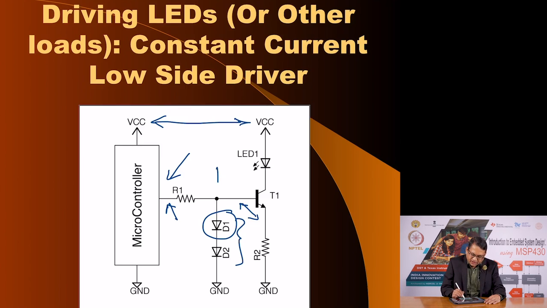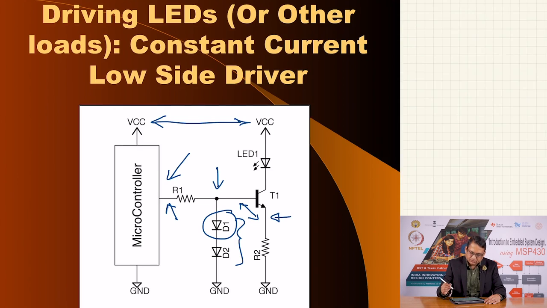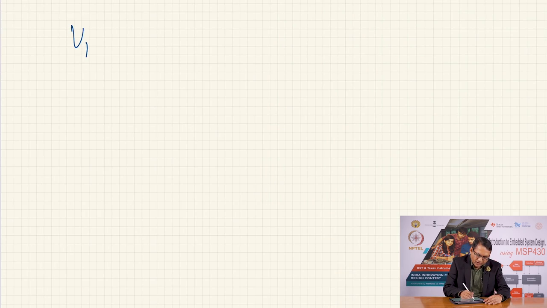The voltage here would be 0.7 or VBE voltage drop above the voltage at the emitter, and therefore, the voltage across the resistor R2 would be VR2 equal to VB, that is the voltage at the base, minus VBE.